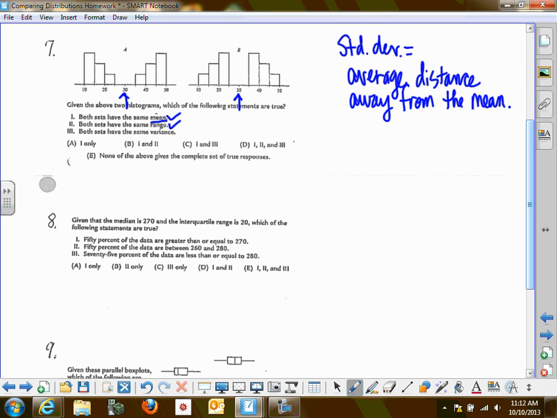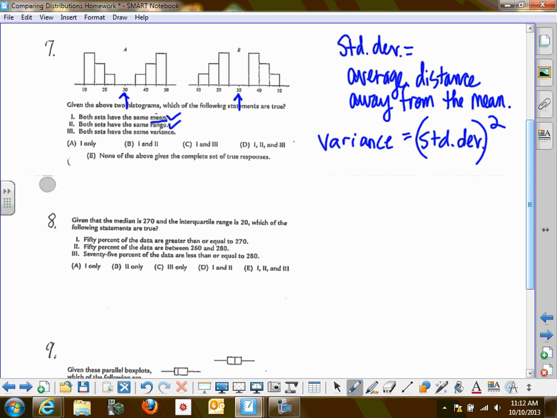Okay? Alright, how about this? Both sets have the same variance. What is variance? Good. Variance is how much variation there is. You remember the relationship between standard deviation and variance? It's the standard deviation squared.